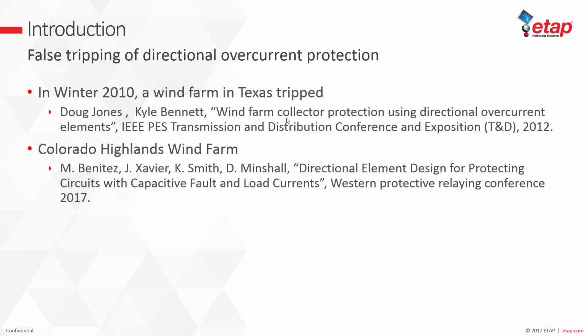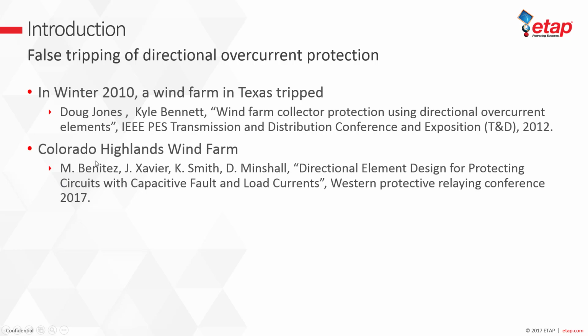Several false trips have been reported in the literature, especially these two in winter 2010 in a wind farm in Texas. I've also listed the paper that you can look at, and they have provided all the information about what happened and how the phase directional overcurrent relay maloperated.